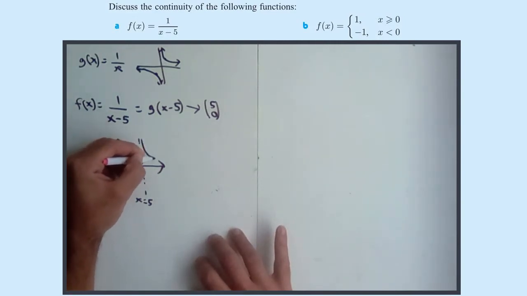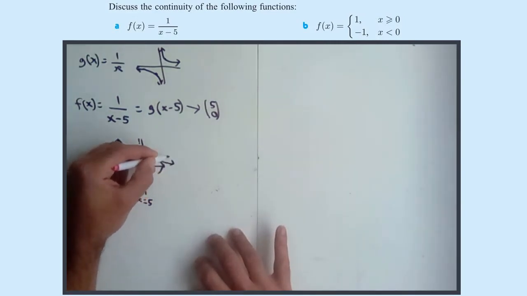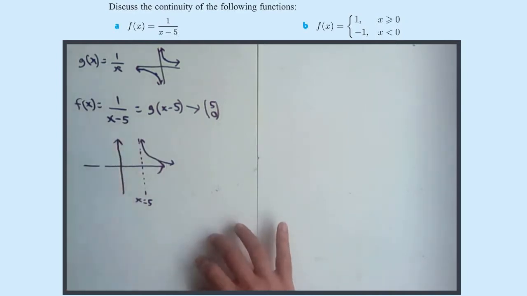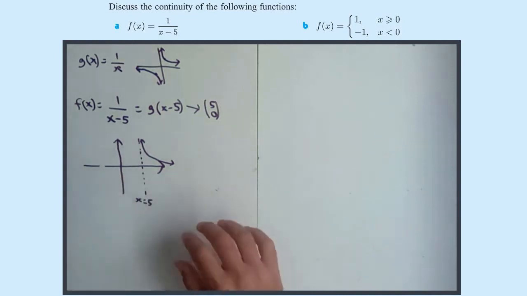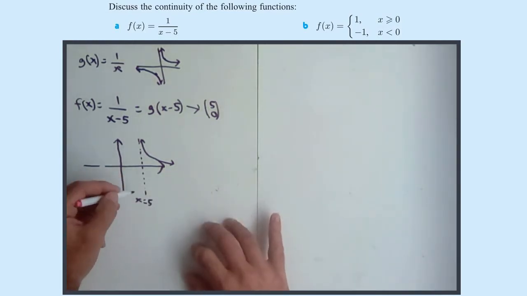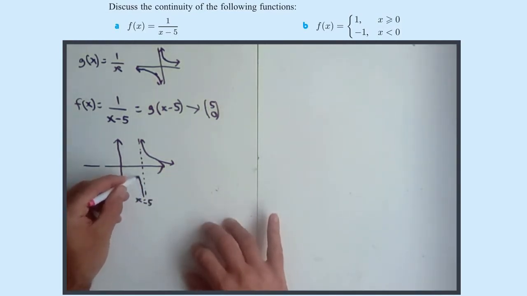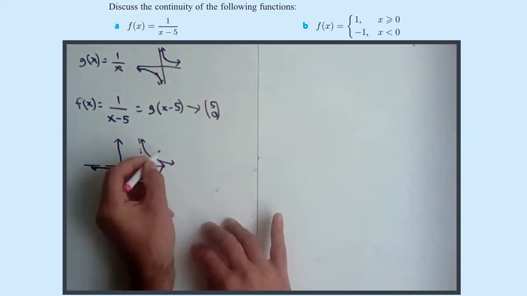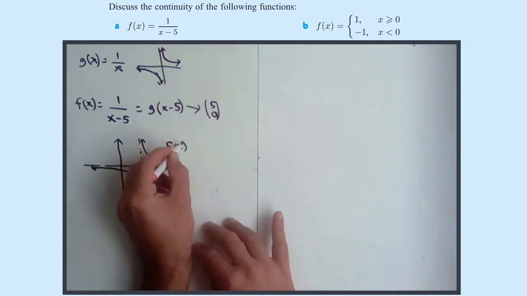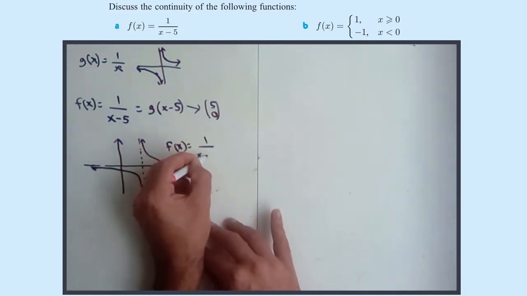It's going to go down, and then it's going to go along here on its horizontal asymptote, which is not going to move because this was just a horizontal movement. And then we do the same thing over here, down quite steeply, and then it's going to go over here. Right, so that is f of x equals 1 over x minus 5.